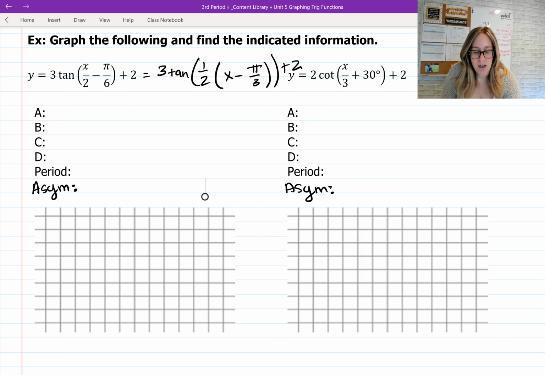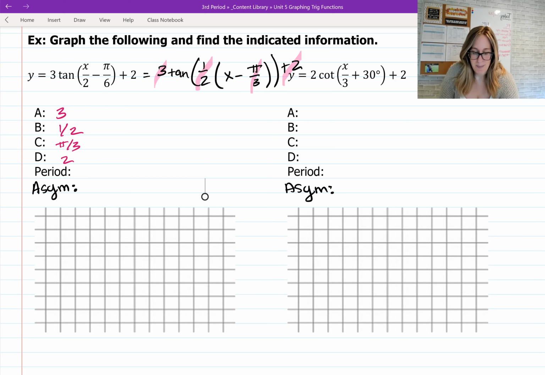Now I'm going to find all my values. My a value is 3. My b value is this 1/2. My c value is this pi over 3. My d value is this plus 2.